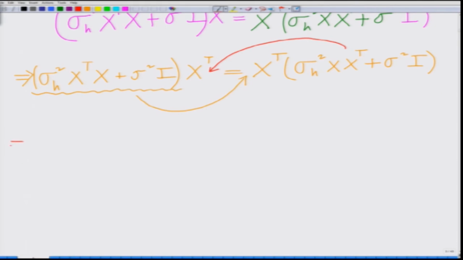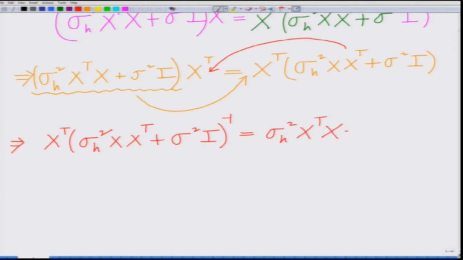Therefore what you can observe is that x transpose times (sigma h square x x transpose plus sigma square identity) inverse is equal to (sigma h square x transpose x plus sigma square identity) inverse times x transpose, and this is the result that we have.